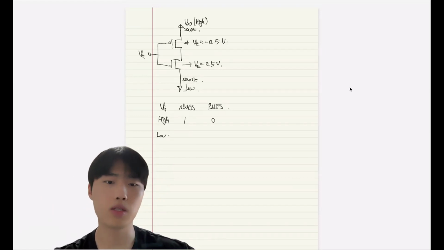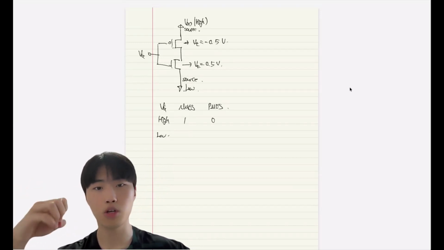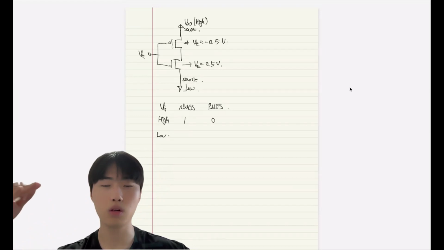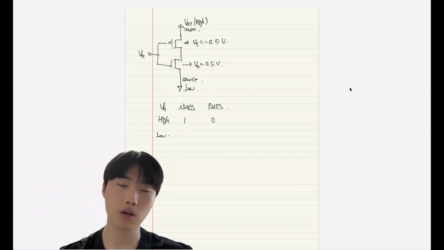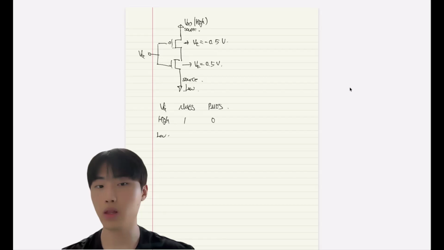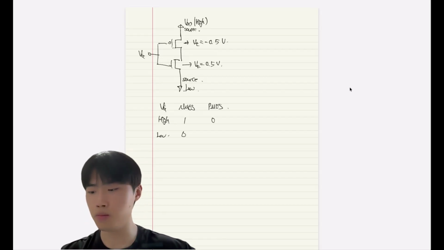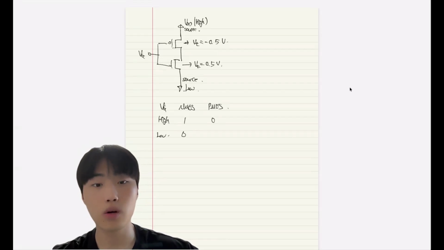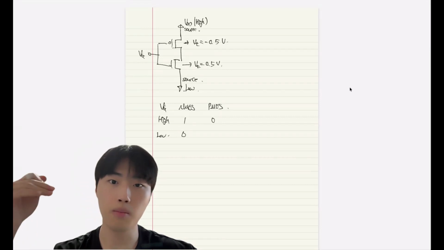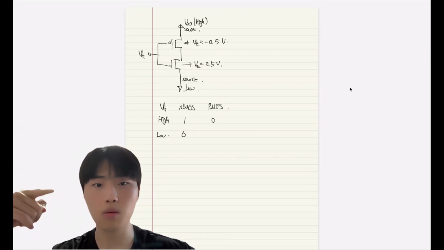But when we have some low on the gate side, so the VG will be 0 volt. So the VGS on the NMOS will be 0 volt. So it is smaller than the threshold voltage. So the NMOS will be zero on the low side. So when we have VG on a low, the VSG on the PMOS will be 1 volt.